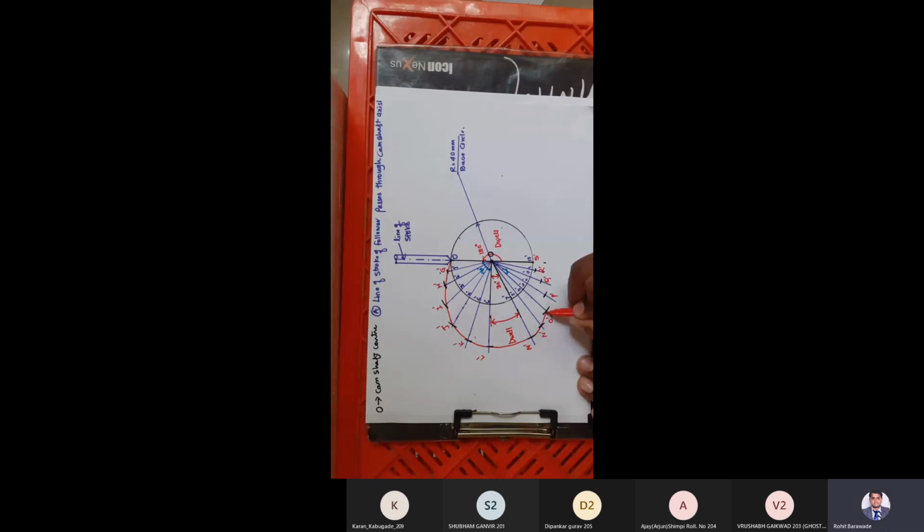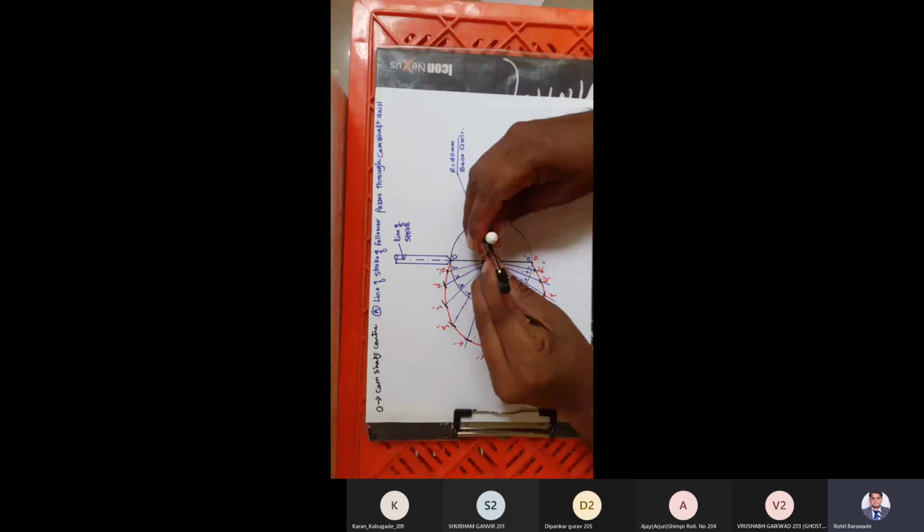So at the last, what does the red color show? Red color shows a cam profile, right? So only one part is remaining, which is this half circle. So from S to O point, you also have to draw this circle.